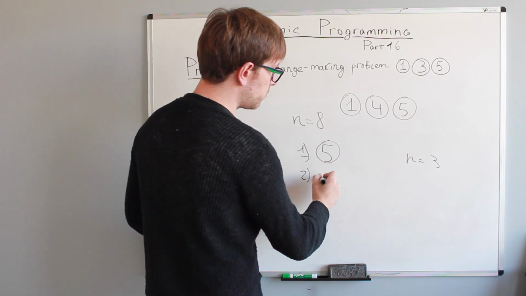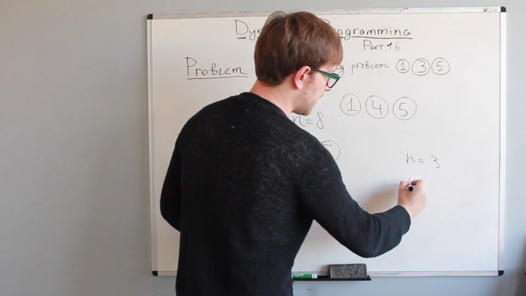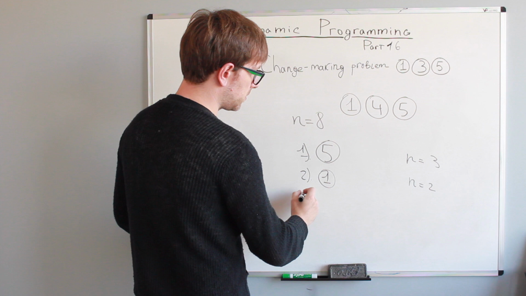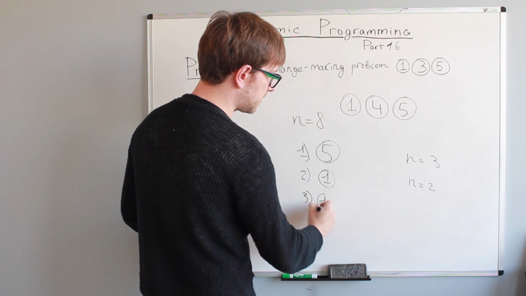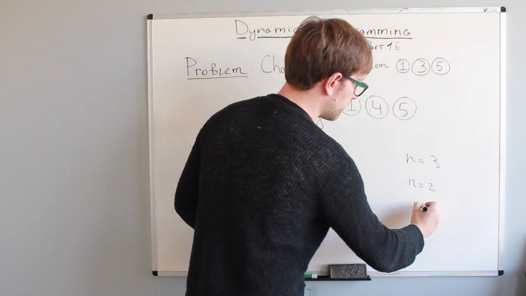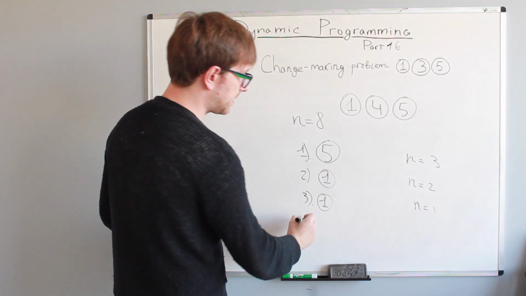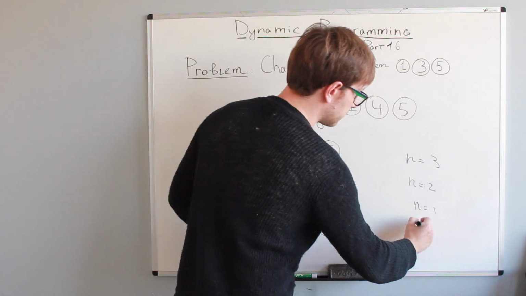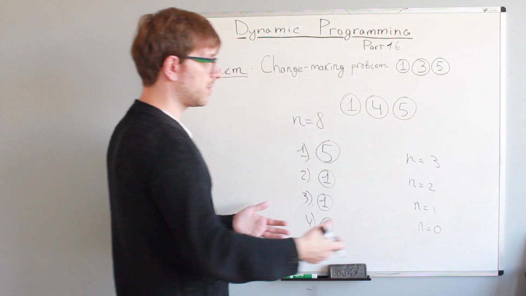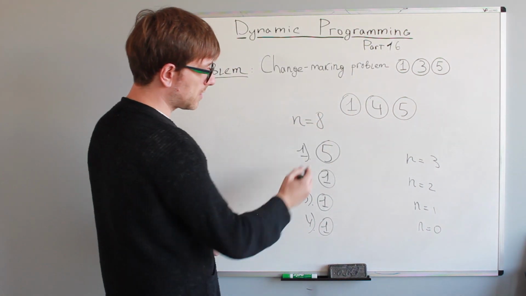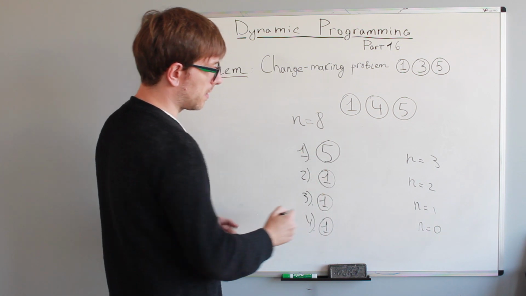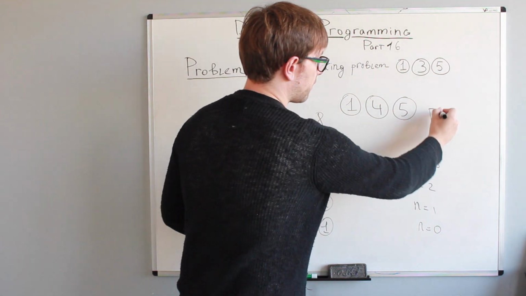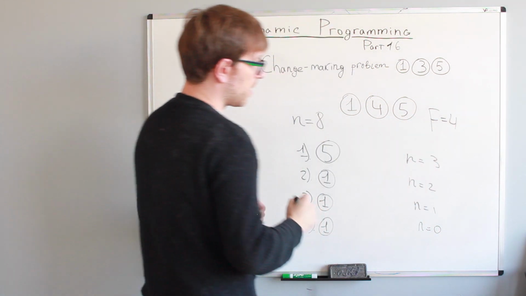So what are we going to do? We return 1 cent. Now n equals 2. We don't have anything else, so the third step would be to return 1 cent again. Now n equals 1. And the last step, we simply return 1 cent. n equals 0, so we made the entire change. So the answer is 5 1 1 1, and the count is 4. In this case, f equals 4.